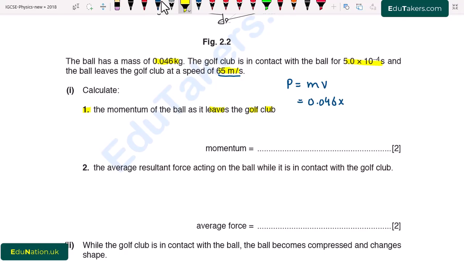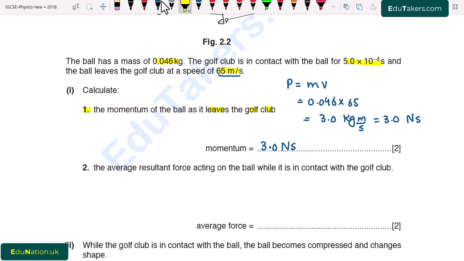And this is the speed when the ball leaves the golf club. That's why I multiply it with 65 meter per second, so the momentum comes to be 3.0. The unit of momentum is kilogram meter per second, and it is also equal to 3.0 Newton second. Both are units of momentum and both are the same. So I write here momentum is equal to 3.0 Newton second.